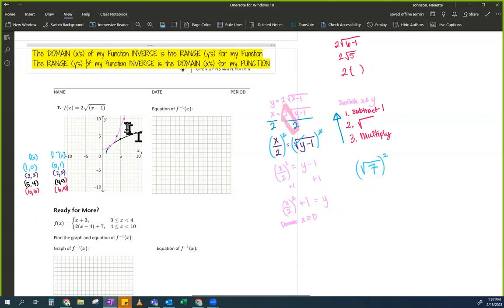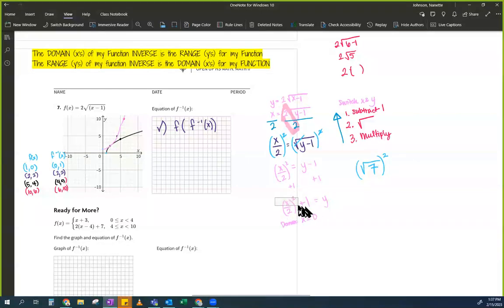Okay. So when I'm checking my answer, this is what I'm going to do. I'm going to take f of x and plug my inverse into it. This looks really confusing, but all I'm saying is I'm going to take this whole thing right here.